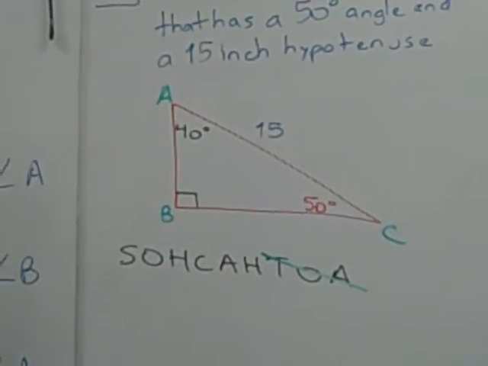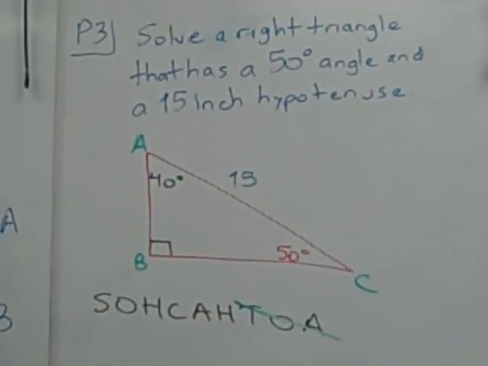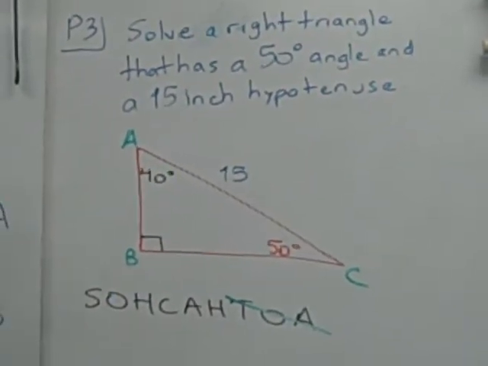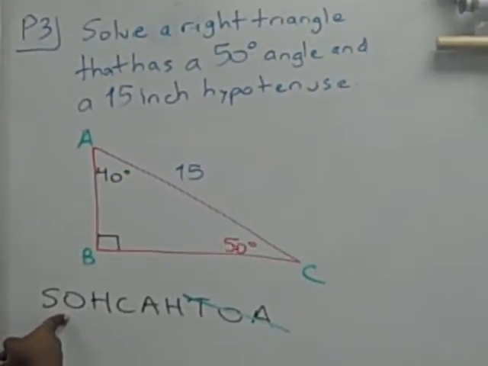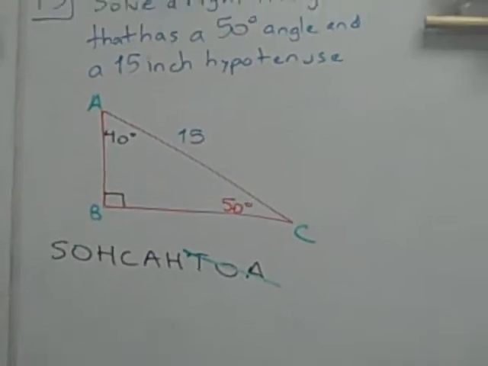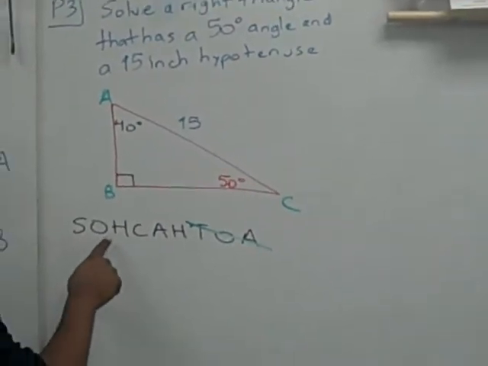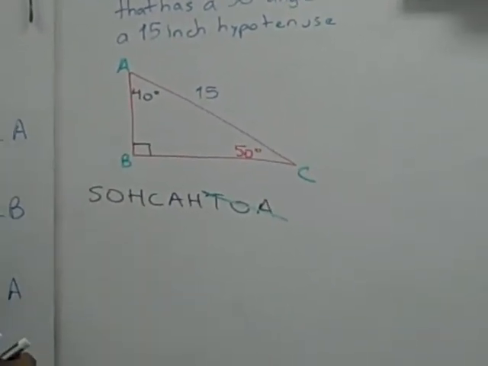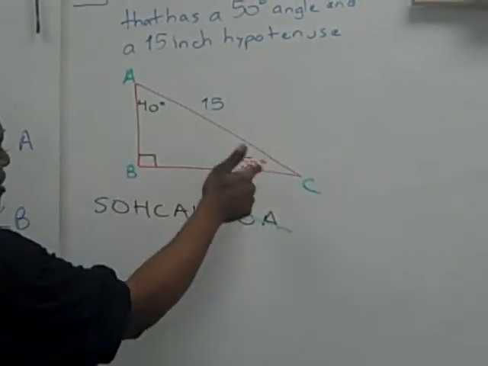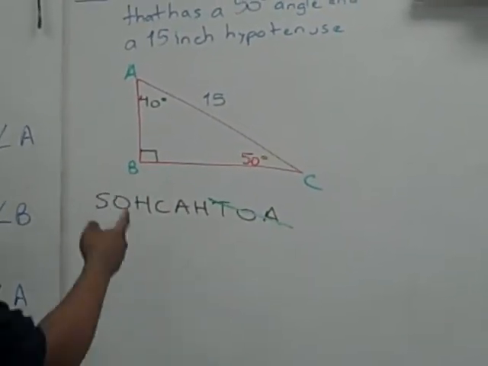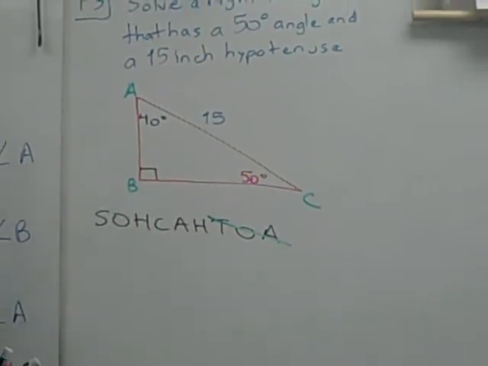It doesn't really matter which one to use, but since it's closer to me, I guess I'll use sine. So I'm going to use sine to answer this question. Now, sine, remember, is opposite over hypotenuse. What we want to do is use one of these two angles to help us find one of these sides.